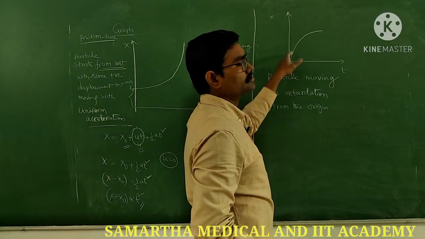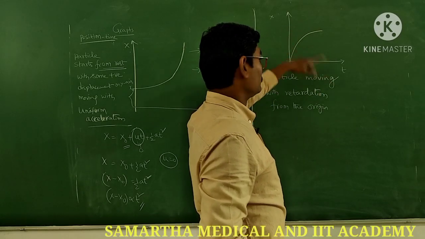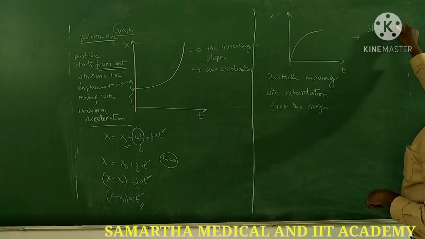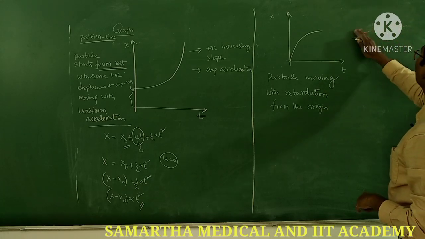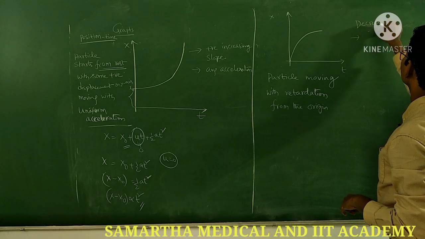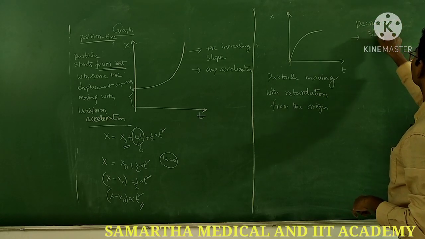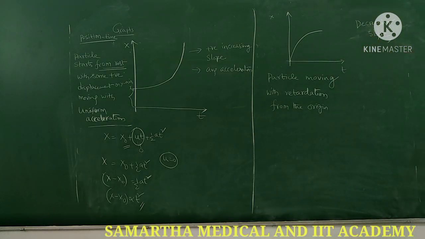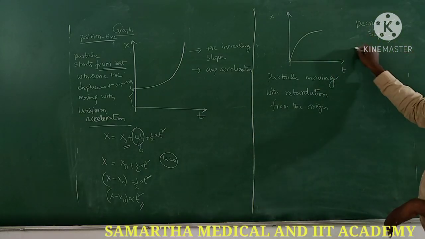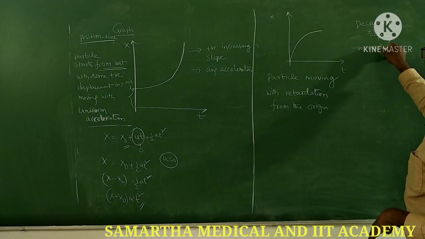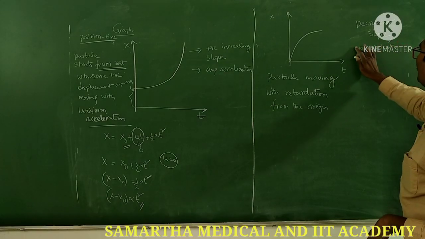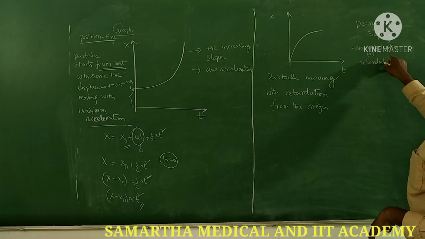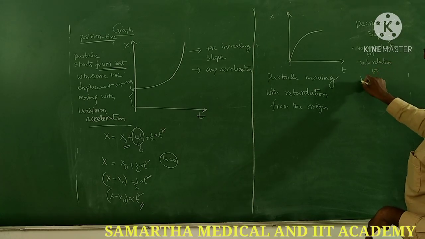So what does it show? Slope is decreasing. Decreasing slope means negative acceleration, or retardation, or deceleration.